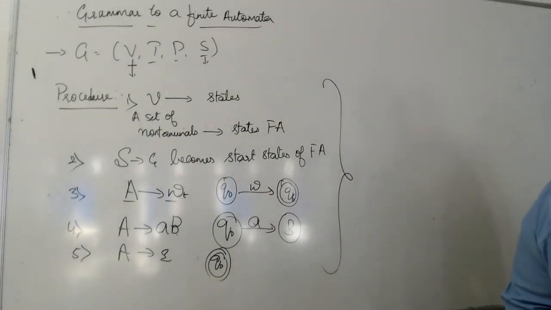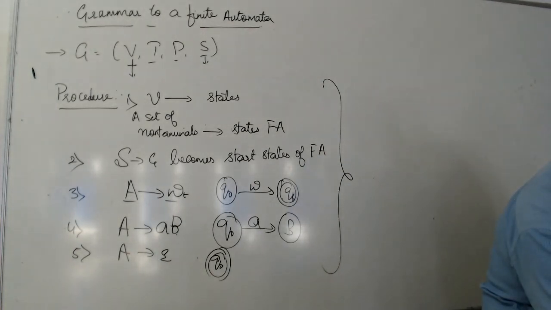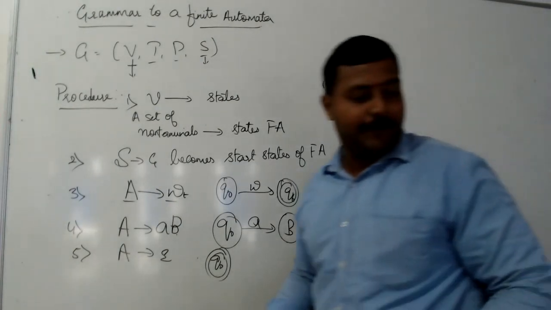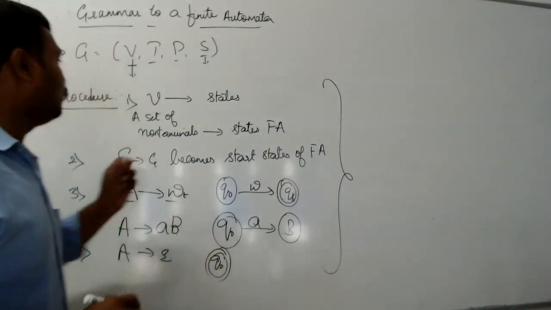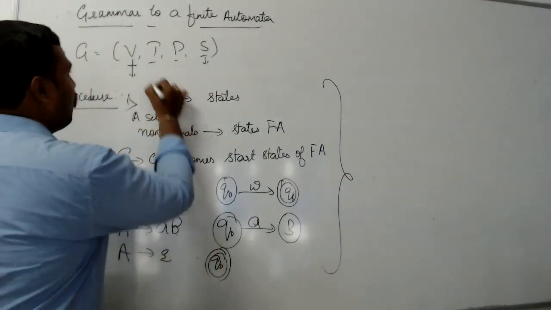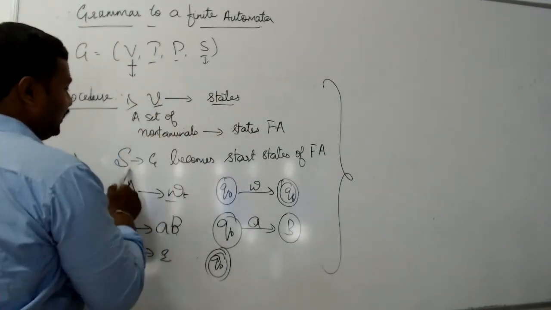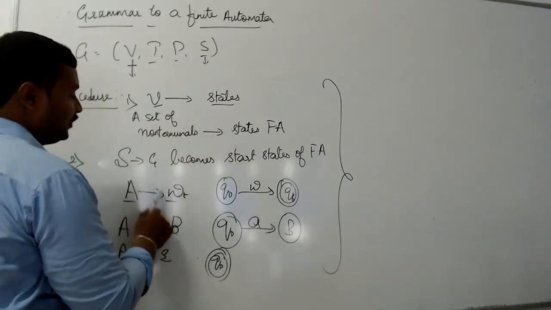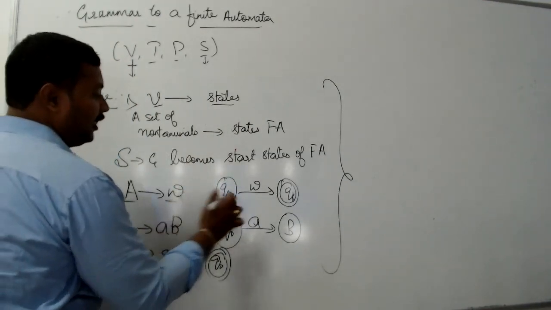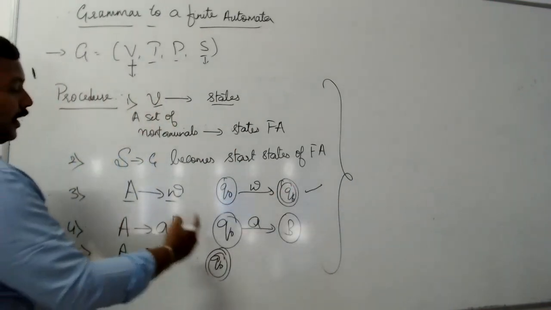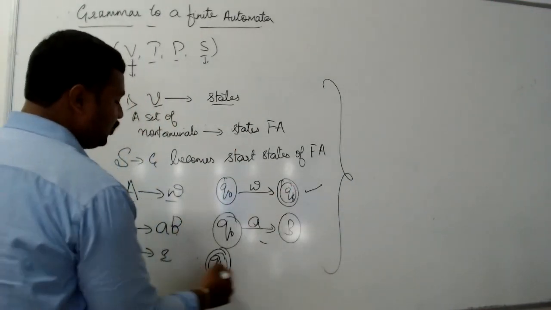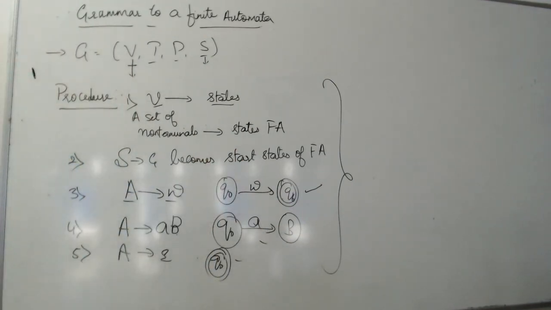You need to analyze everything very carefully and follow the procedures. All the symbols in V become the states of your finite automata, S becomes your start state, and A tends to a is a production with only a terminal. A tends to aB is this kind of production, and A tends to epsilon is this kind of production. We will convert and see.